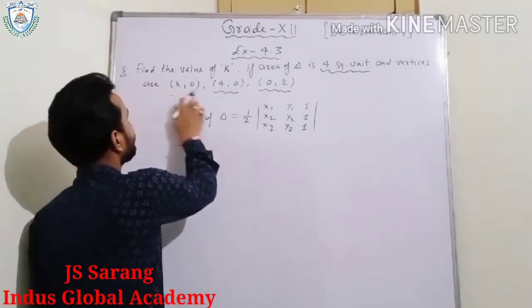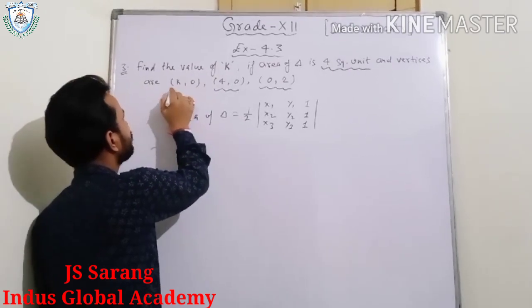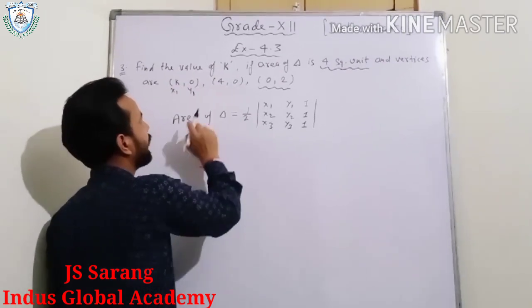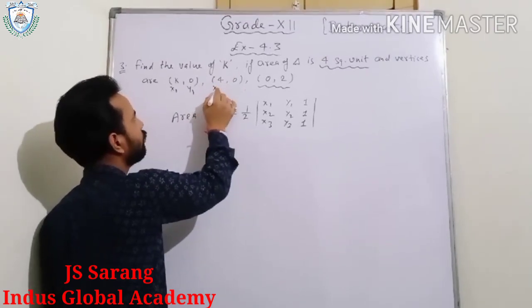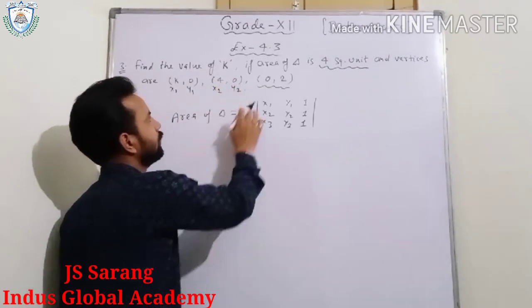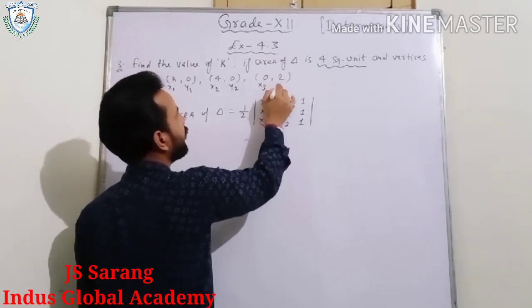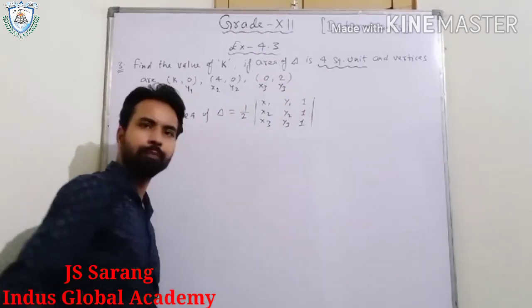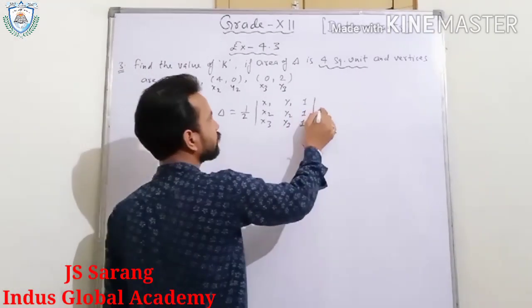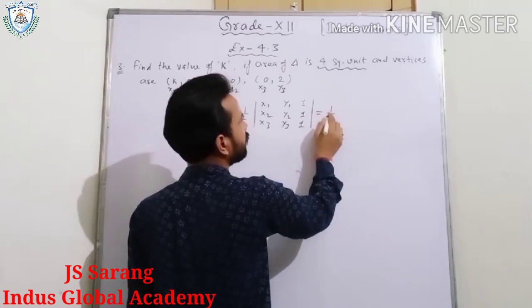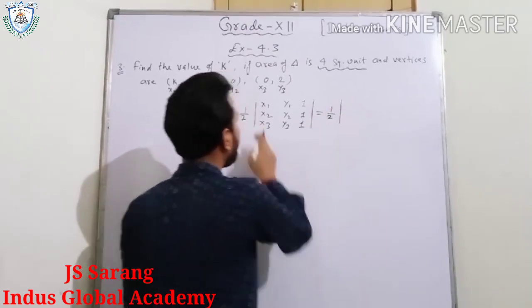So see, the first vertex is k, 0. So k will be x1 and 0 will be y1. The second vertex is 4, 0. So 4 will be x2, 0 will be y2. And the third vertex is 0, 2. So 0 is x3 and 2 will be y3. Clear? So now I am putting here 1 by 2 times the determinant of x1, x2, x3.